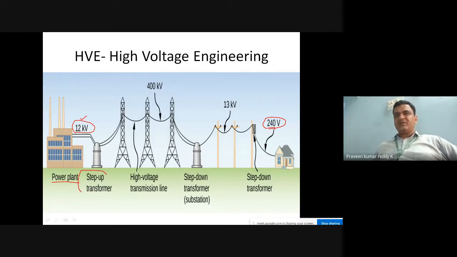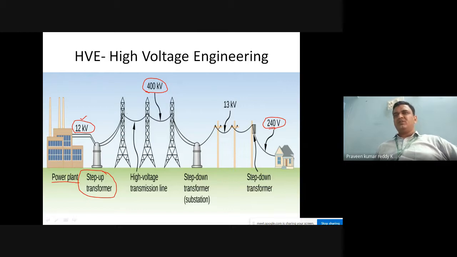Just beside any power station, we have a step up transformer where the voltage level is stepped up to a very high value, like 12 kV to 400 kV. 400 kV is a very high voltage; that is why the name high voltage engineering came.